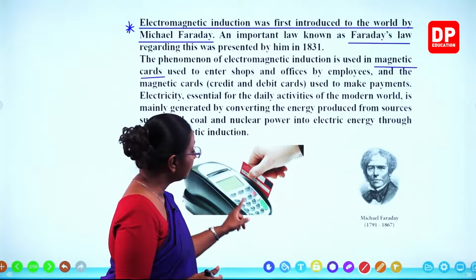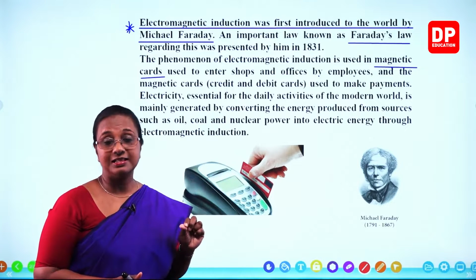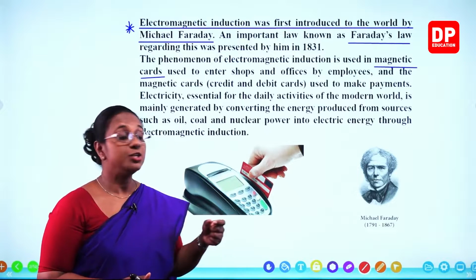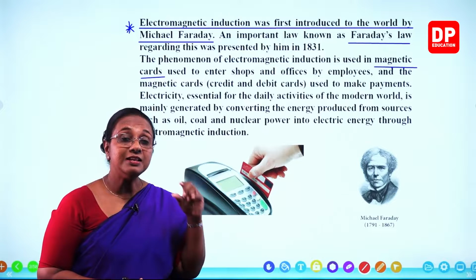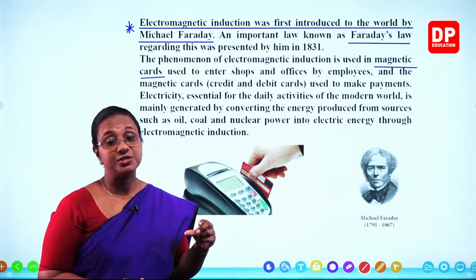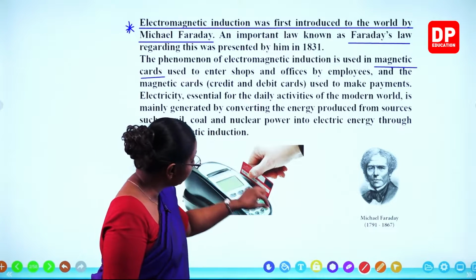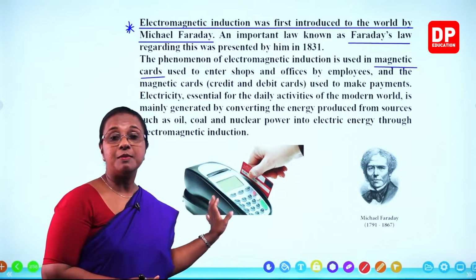This particular card, you all know, has a black colored band like this. That is magnetized. So that is why we call them magnetic cards. There the information is stored based on electromagnetic induction. So when you swipe the card through this machine, that information can be read by the machine.